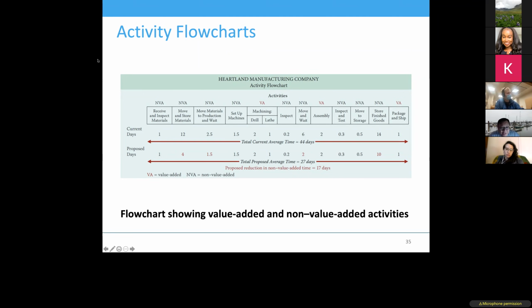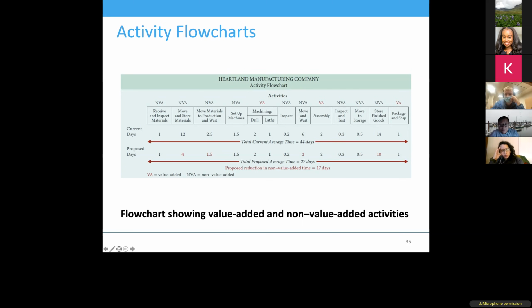So let's say you use lumber to make furniture. The value of the furniture would be whatever the price is. So when you receive and inspect the materials, you just want to make sure that the lumber is appropriate for my product. I'm not using a bad lumber, not using the wrong lumber for this product.